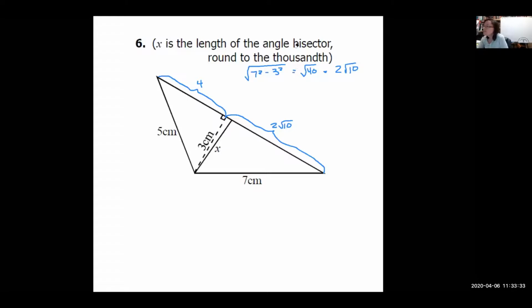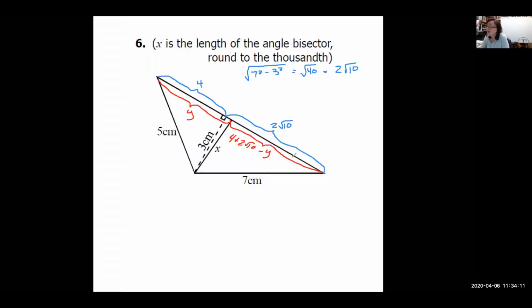Now this is where the tricky part comes: in order to get x, I really need to use that angle bisector theorem. So I'm going to look at a different relationship here. Choose a different color. I'm going to call this segment here, including this little piece, y. And then this piece here is going to be 4 plus 2 root 10 minus y.